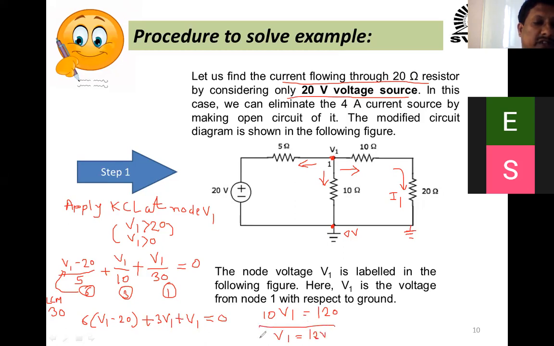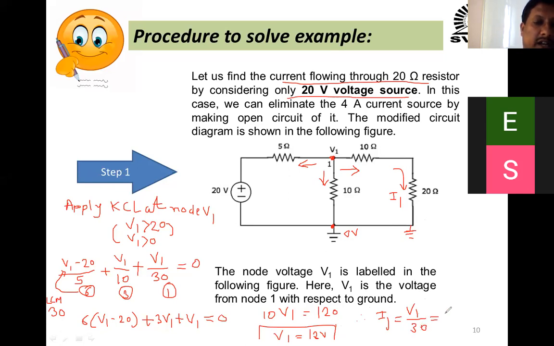We got the answer of V1, but what we want to find out is I1. So how to find out I1 now? By Ohm's law. So I1 is equal to V1 minus 0 divided by this 30. Even though I1 flows through the 20, it also flows through the 10, because both are in series. So I1 is equal to V1 divided by 30.